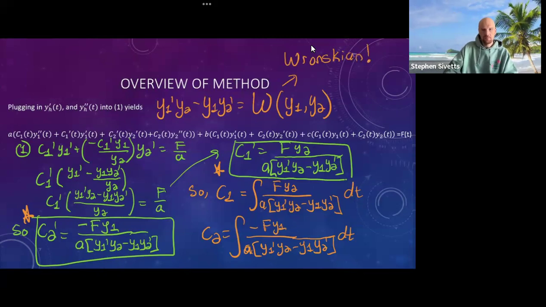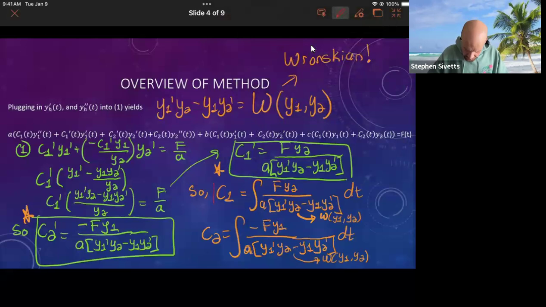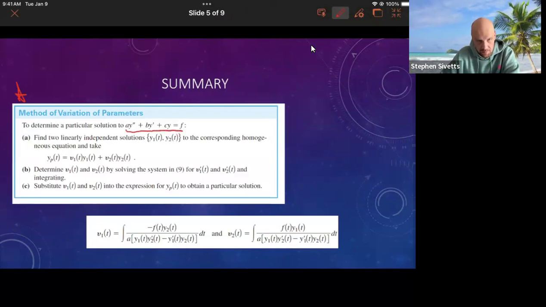So really you can just compute the Wronskian of Y1, Y2 first, and then compute those integrals. Those are the Wronskian terms. Hopefully you noticed that. So in summary, this is the method of solving a differential equation using variation of parameters. All you have to do is solve the homogeneous differential equation for this equation.